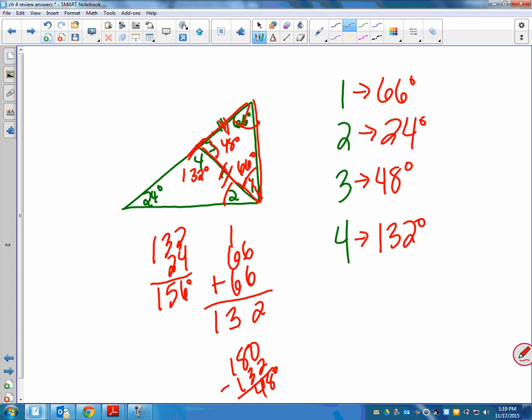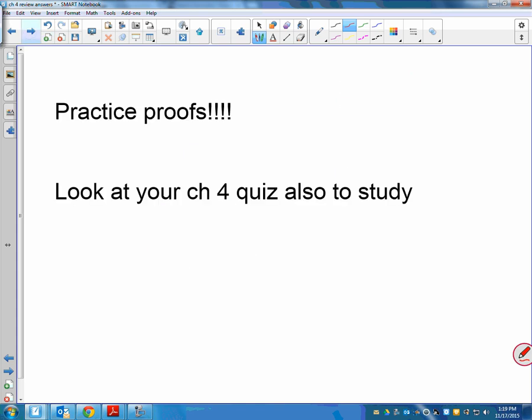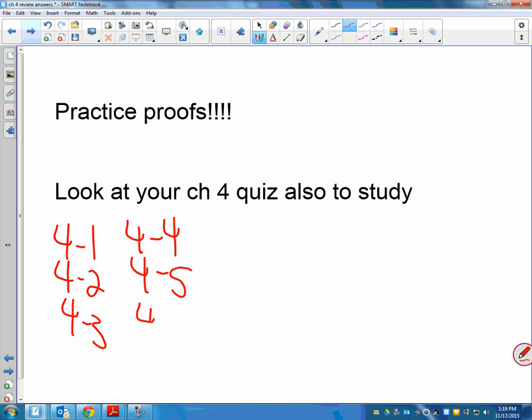Don't forget that your homework's due tomorrow. So let's talk about what your homework is. Practice proofs. But also look at your chapter book quiz. You should have 6 homeworks from your book.